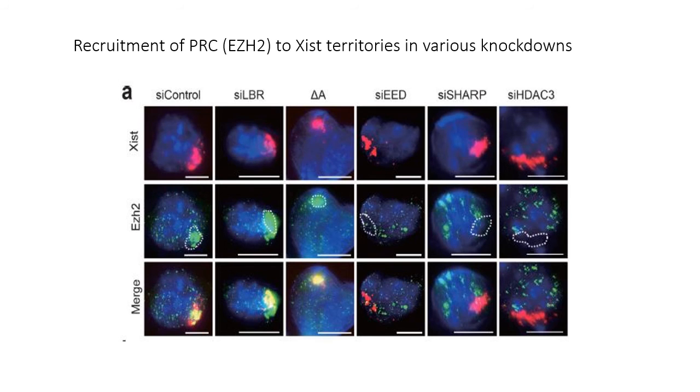Okay, so what this shows, and don't worry about all the extra pictures, we're going to look at the column on the left, where we have a silencing control, and we're looking at the presence of the Xist RNA as something that stains kind of pinky red along one edge of the nucleus, as you can see. The background is blue, which just represents the DNA.